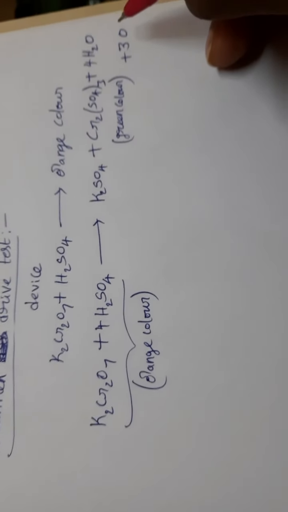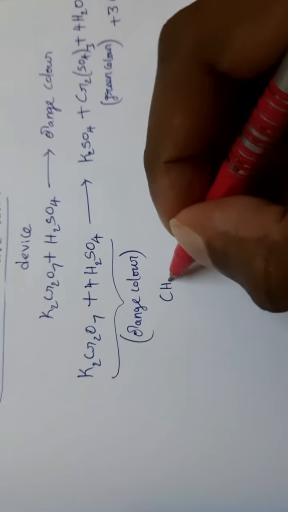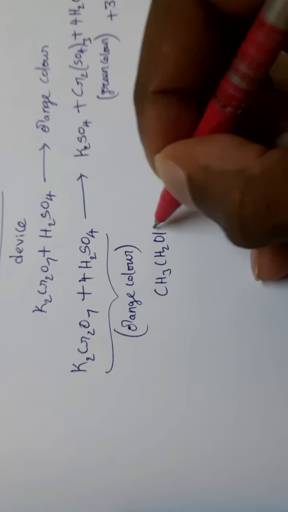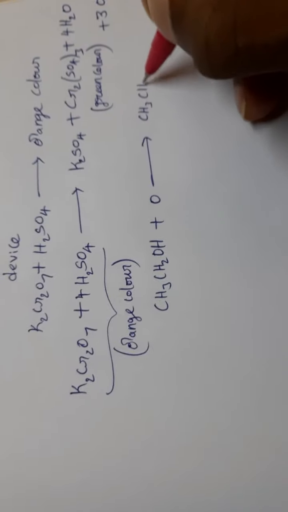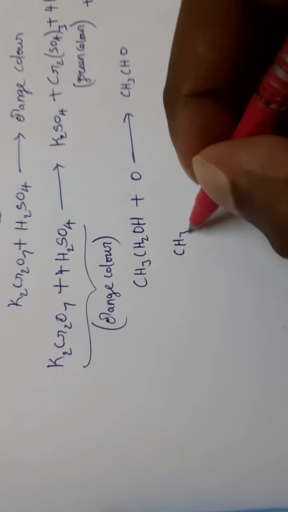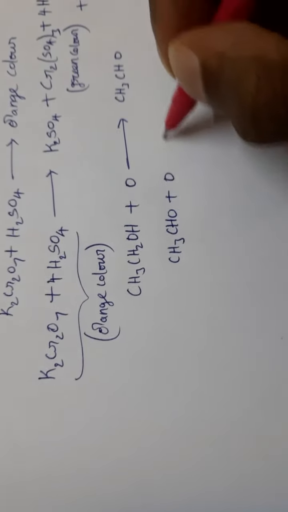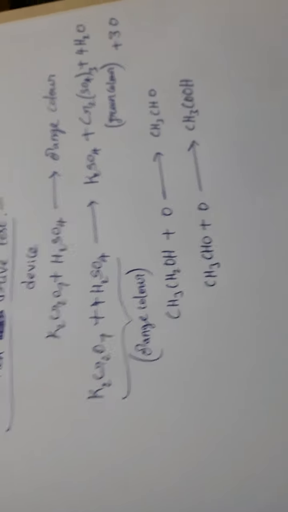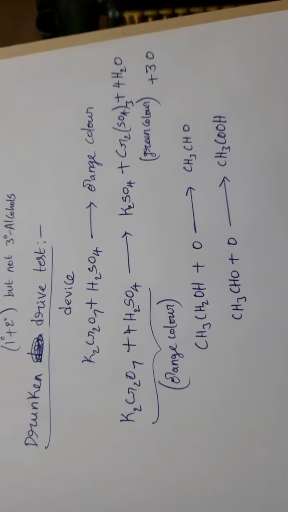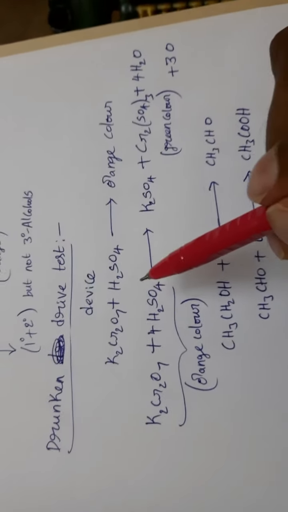The released oxygen atoms combine with alcohol CH3CH2OH. Then we can get aldehyde. This aldehyde undergoes further oxidation to carboxylic acid. So these reactions take place inside the device. Initially, device has this reagent.